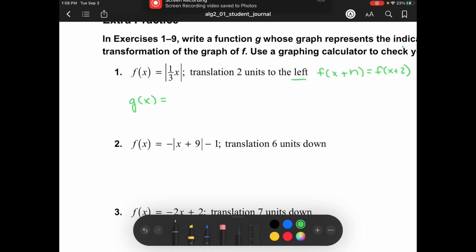This f of x is not part of this function. This f of x is part of the rule sheet that I'm giving you, so please don't get that confused. So I'm going to say g of x is 1/3 x plus 2, because I'm only manipulating the inside of the function. So I'm only manipulating where that x is. Okay.